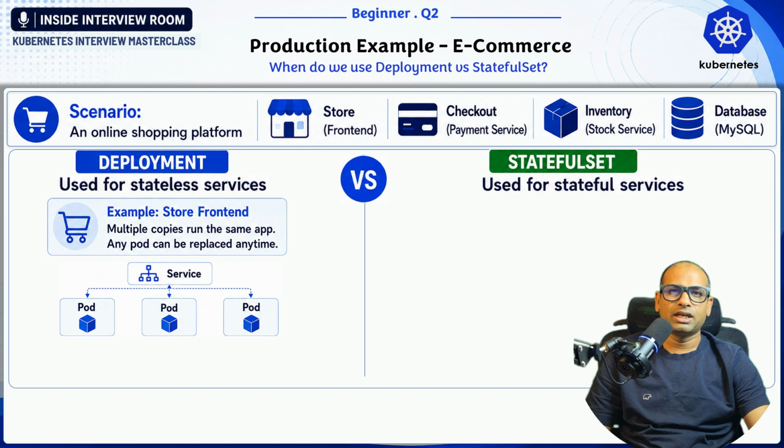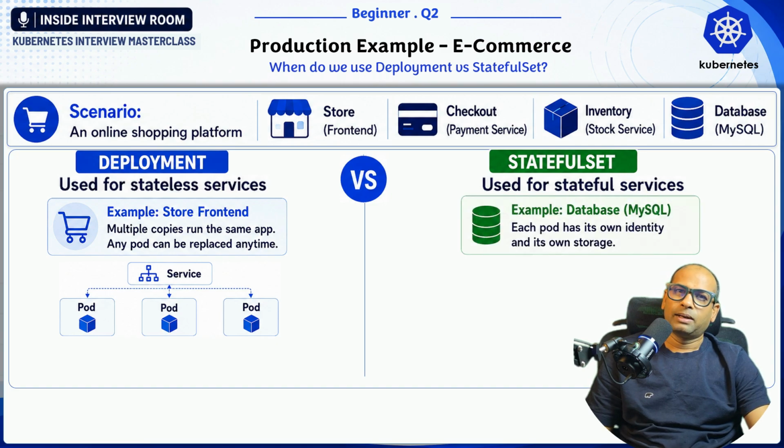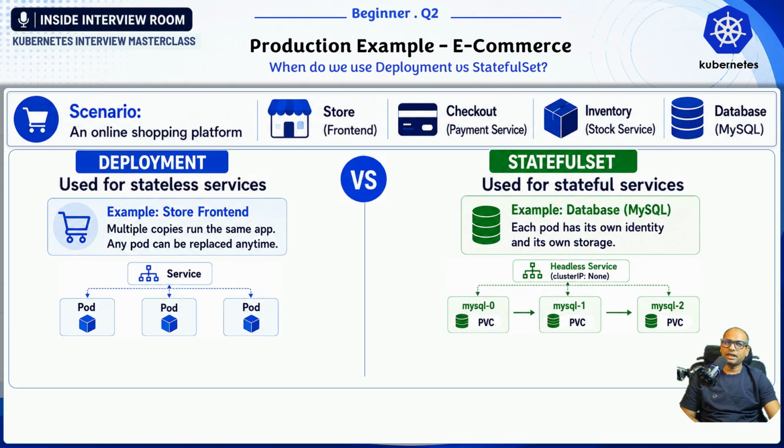In case of StatefulSets, for example, it can be run for the database MySQL. Each pod has its own identity and its own storage. For example, a headless service with clusterIP equal to none can provision mysql-0, mysql-1, mysql-2, like that, and each one can have its own PVC.